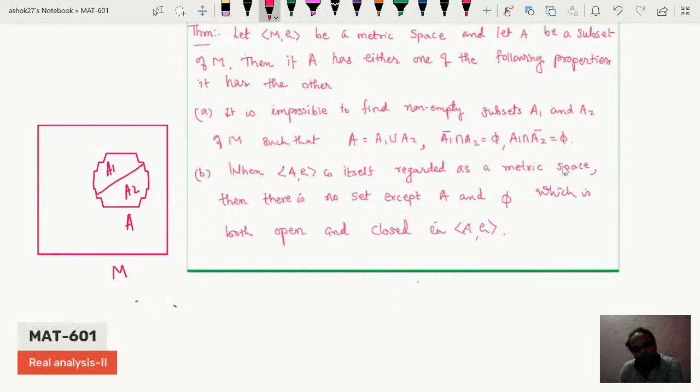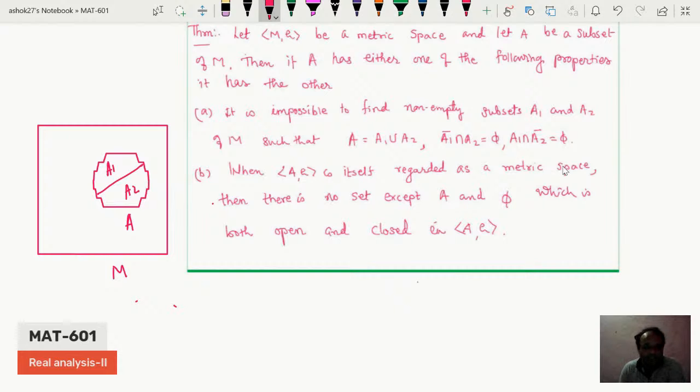Let us see, what is a connected subset? When you say A is connected in M, it satisfies A or it satisfies B. If it satisfies A, then it naturally satisfies B, or if it satisfies B, then it will naturally satisfy A.